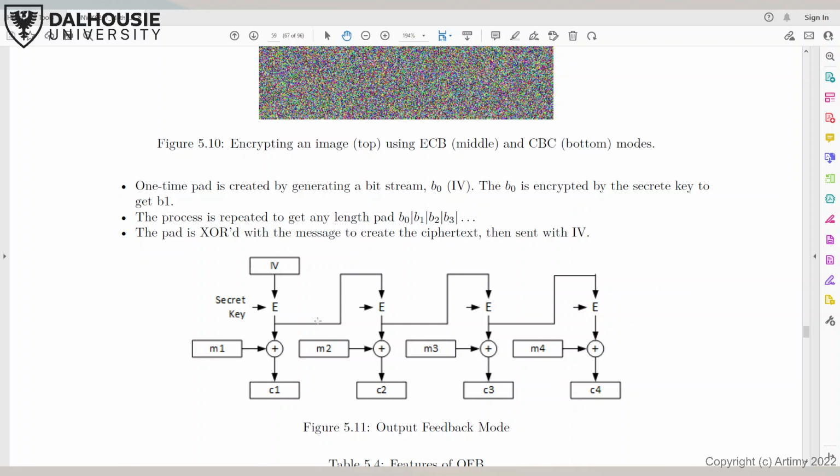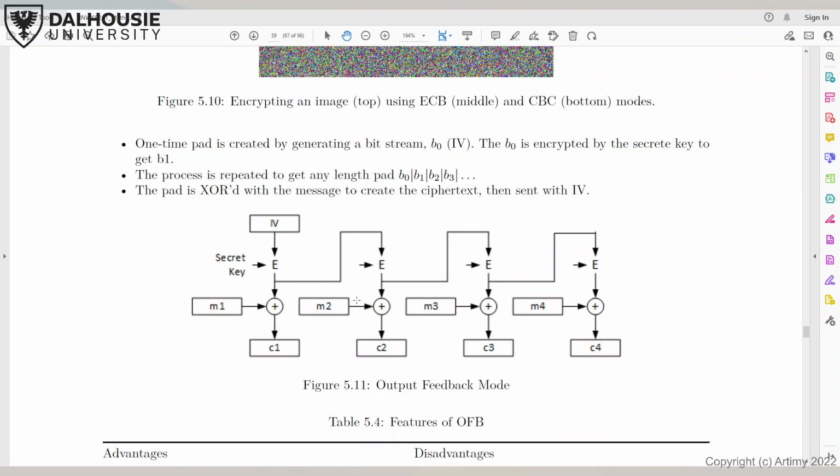We talked about the one-time pad as one of the strongest techniques for encryption. So this technique generates something similar to a one-time pad by taking the IV, the initial vector, which could be anything, and encrypting it. So we don't encrypt the message itself. We encrypt the initial vector.